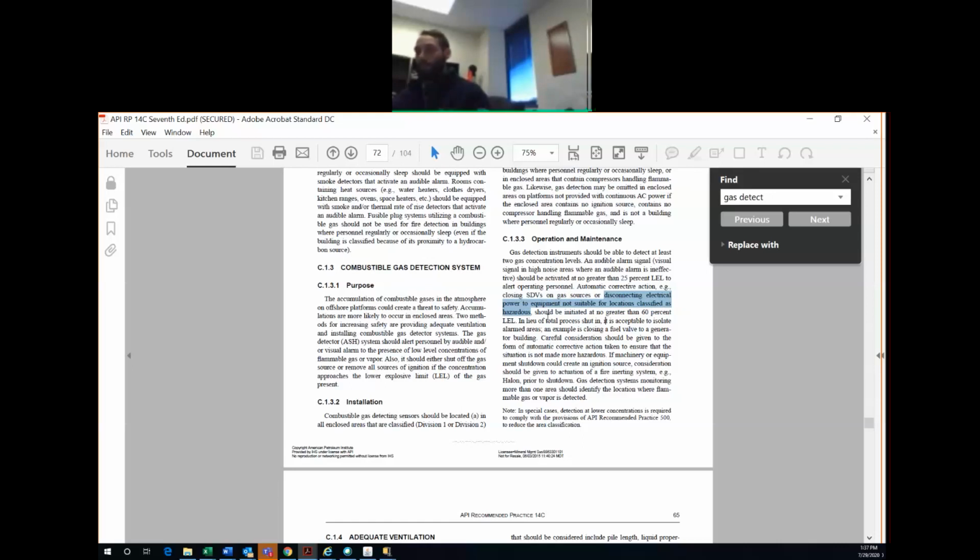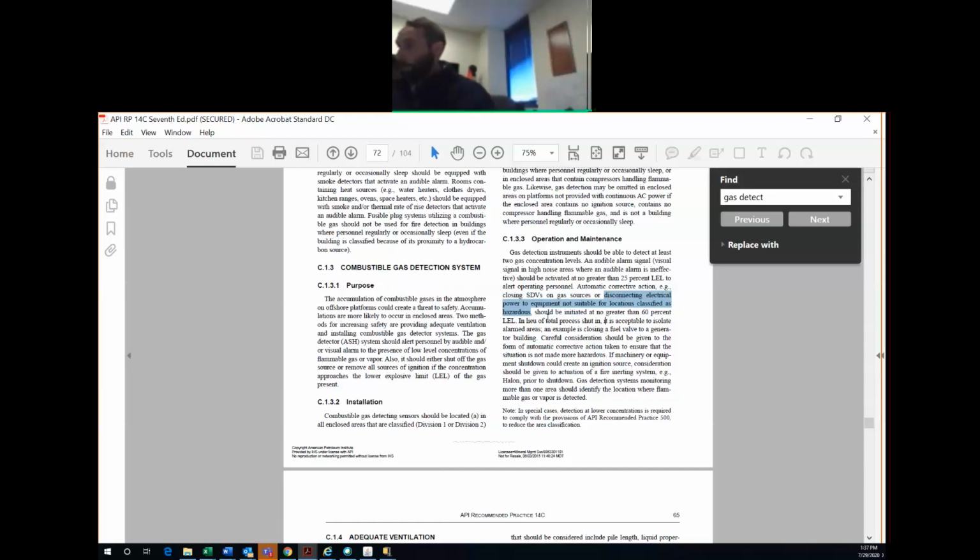The reason it doesn't make sense is that you're not allowed to install equipment in a hazardous location that's not rated for the area. API 14F says that's illegal. Our regulations say that's illegal, right? So you can't do that. There is no situation where you'd ever be disconnecting power because 14C told you to, because you never are able to install equipment not rated for the area in any case.